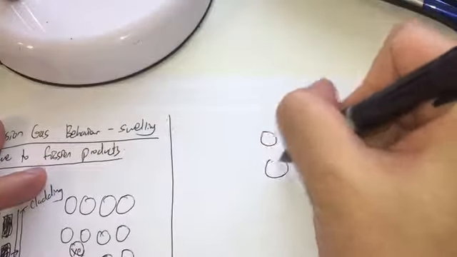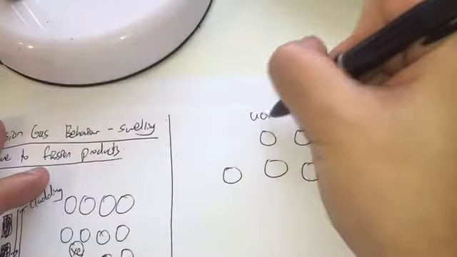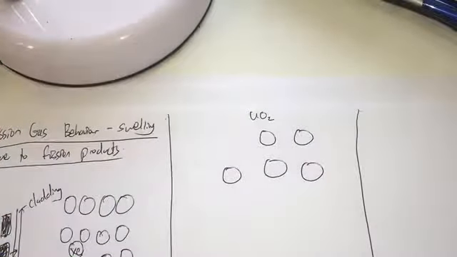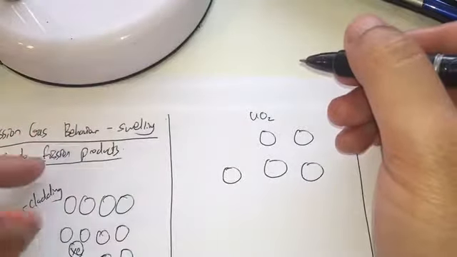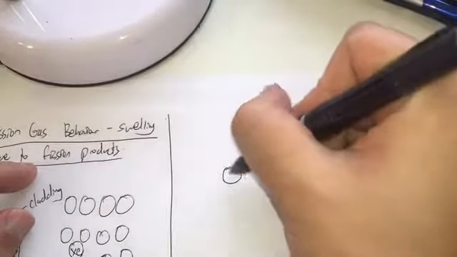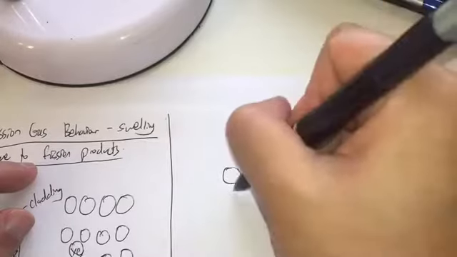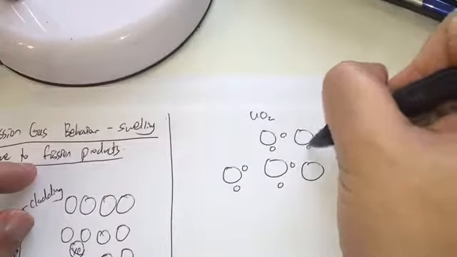So what does it mean by that? Let's simplify again. We have a UO2 lattice. I'm going to simplify just to help illustrate the point. So you have these big ones that are uranium, and each of these uranium has 2 oxygen atoms attached to it.